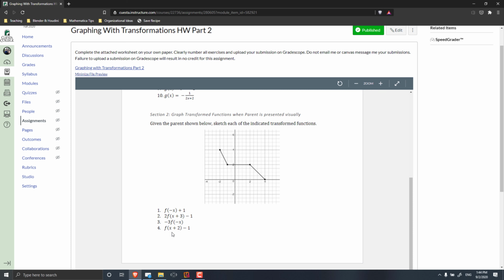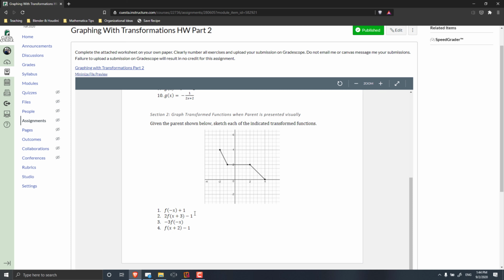So I'm just going to write down the points that are probably the easiest to see, the bolded out points. Looks like the coordinates are -1, 2, 2, 2, and 4, 0. Those are my x and y's.